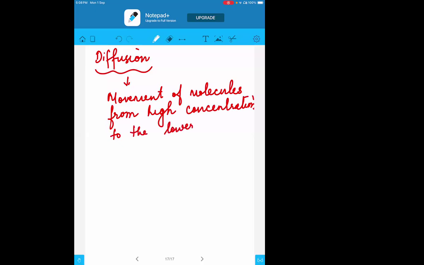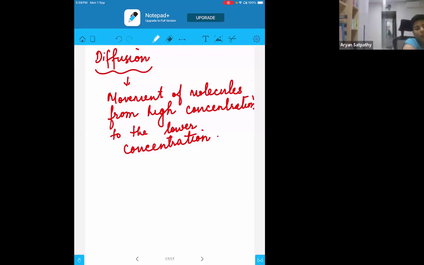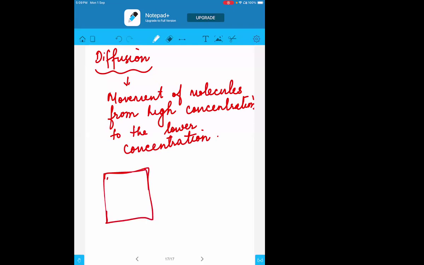I hope you remember, we did one activity where we took the perfume, and I asked you to spray it at one corner of the room, correct? Yes, ma'am. Suppose these are the four walls. I asked you to spray it on one side, but automatically what happened? The fragrance of that will get transferred to the other part also. This is what diffusion is.